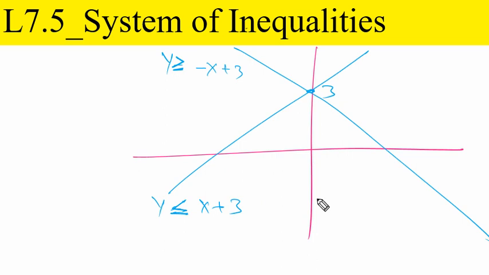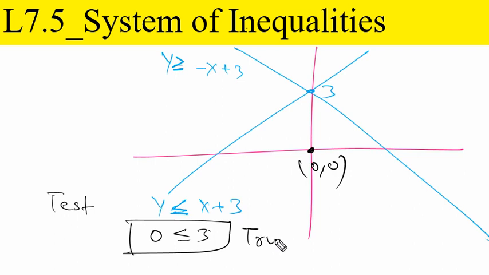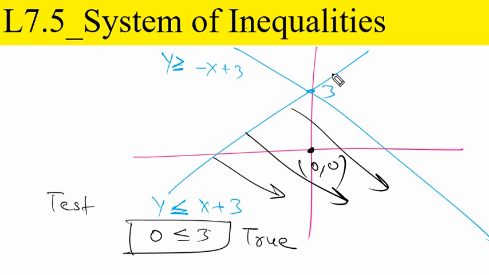For this we can check a test point 0, 0. If I put this test point in this equation, 0 less than or equal to 0 plus 3, which is 3. Since in this case it is true, you will move towards this side. If it was false, you would move towards this side.